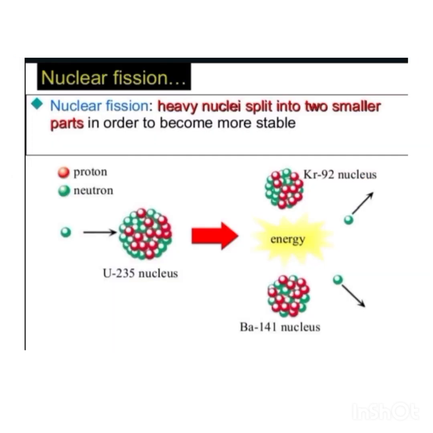So let's see nuclear fission. It is one of the most important parts of the nuclear power plant. Here we see the diagram of nuclear fission. A heavy nucleus splits into two smaller parts in order to become stable.